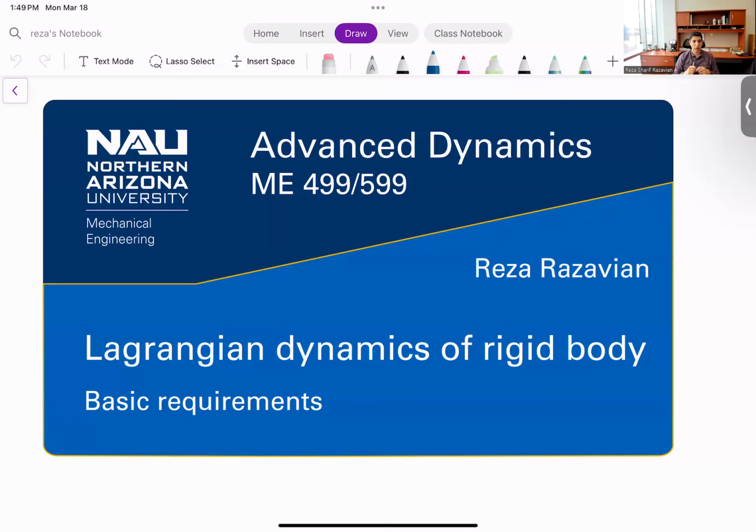So we will be looking at Lagrangian dynamics for a rigid body for now. And before getting into the equations, I think it's useful to go back to the basics and refresh our memories on what we were doing with Lagrange and generalized coordinates, and we can see how it easily extends to rigid body dynamics.